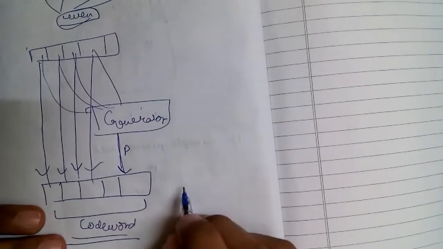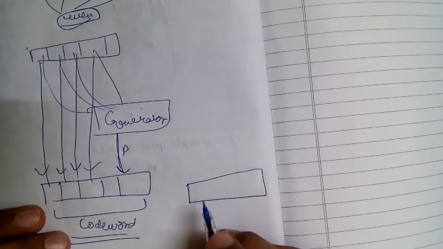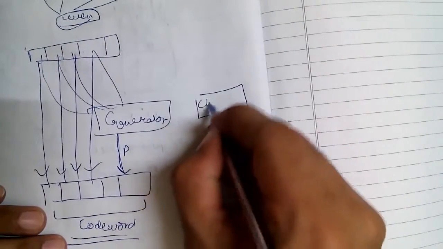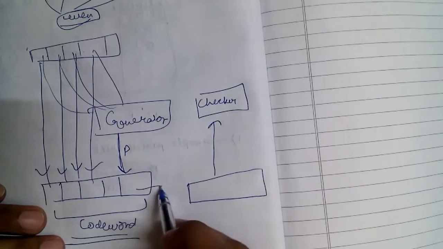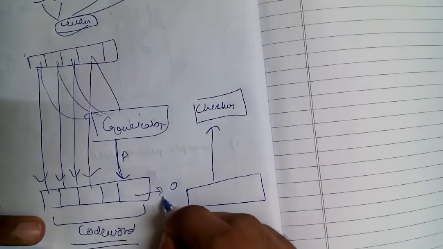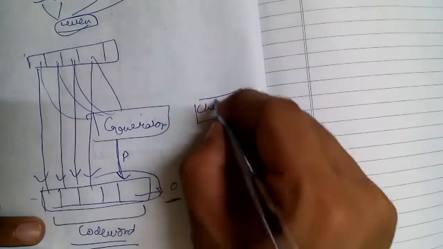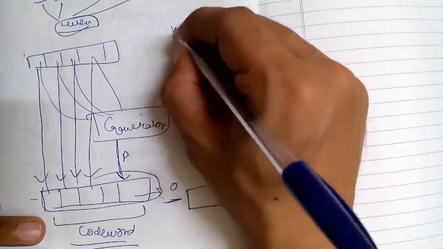On the receiver side, this is received and it goes into a checker. It checks whether the sum of this is 0, as the ones were even. The sum of the whole thing comes to 0, and it will say that yes, it is not corrupted.